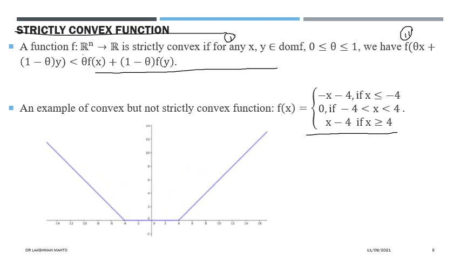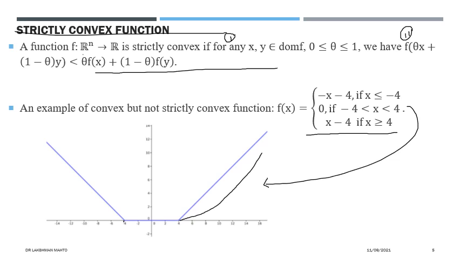Like this function, if you plot the graph of this function, and restrict the domain like this, with this nature, then we will say that this function is not strictly convex. If there is a curvy nature, it is strict. If you simply see line nature, here this one is a line, this one is a line, all are linear parts. So we can say that this function is convex, but it is not strictly convex.